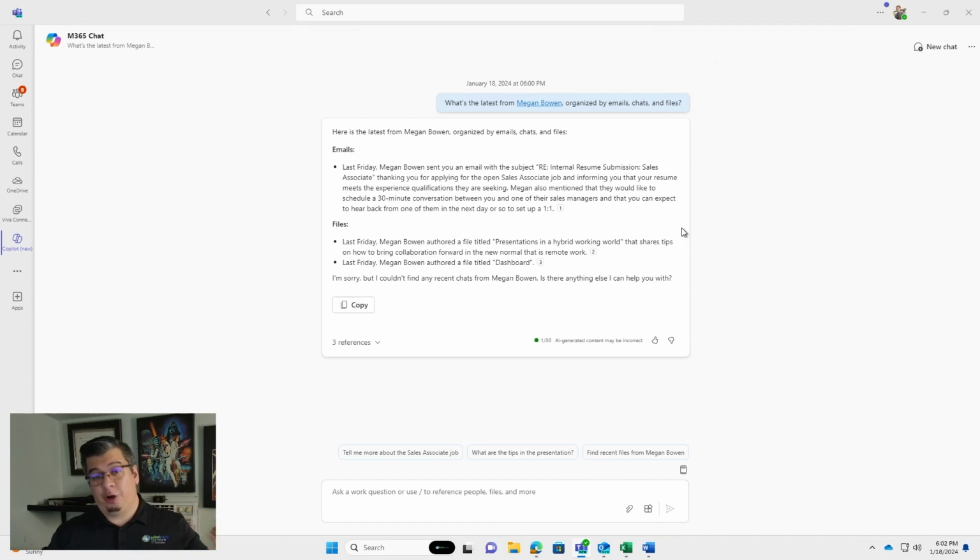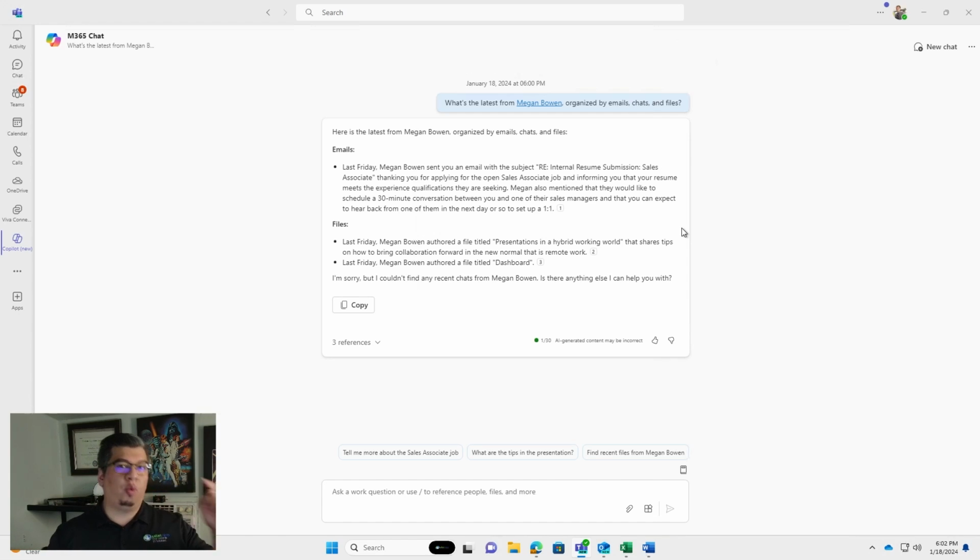Then all of a sudden, Copilot has helped me gain entrance into sensitive information that I may not have necessarily been aware of if I hadn't been using something like Copilot, and it wouldn't have brought it up, because maybe it would have been saved in a location that I've never been to, that SharePoint site. So I would never have thought to look there. But now Copilot has been like, hey, here you go. Here's this thing.